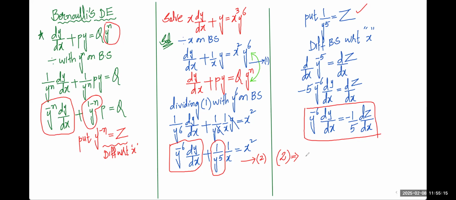Minus 1 by 5 d by dx of z, plus this value we have taken as z, so 1 by x into z is equal to x square. ये माइनस 5 को भी दोनों साइड से निकालने के लिए मल्टीप्लाई minus 5 on both sides.